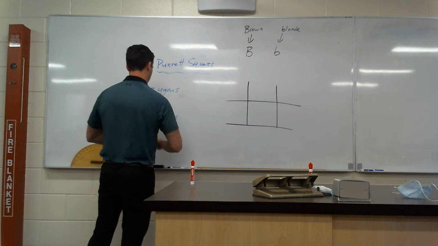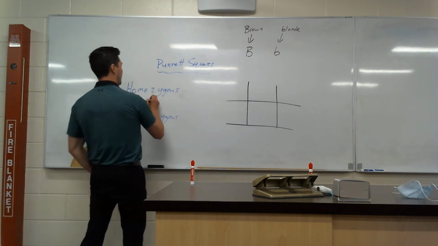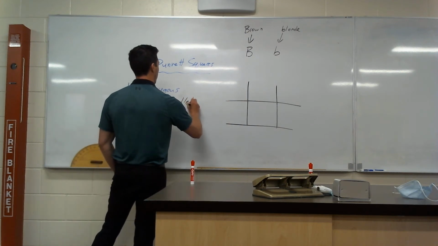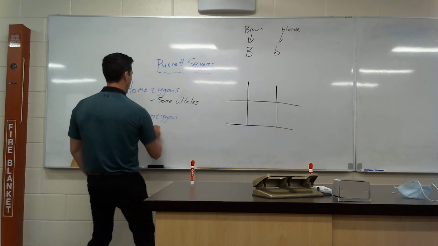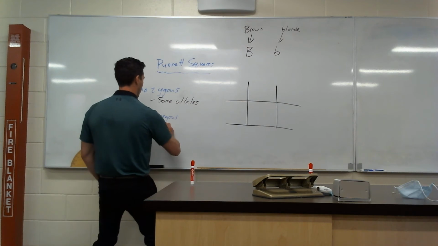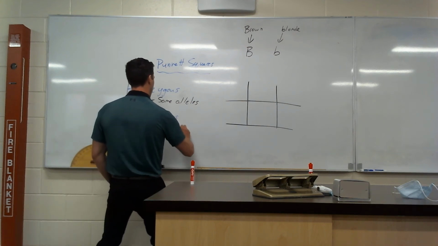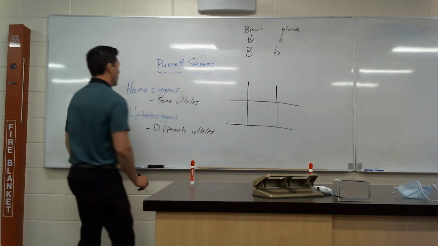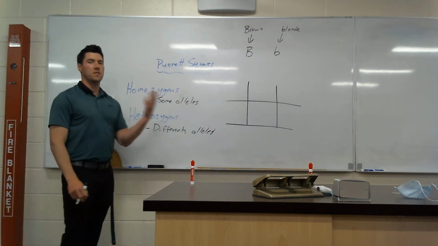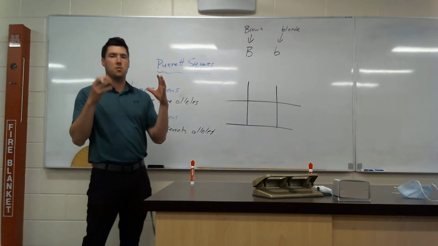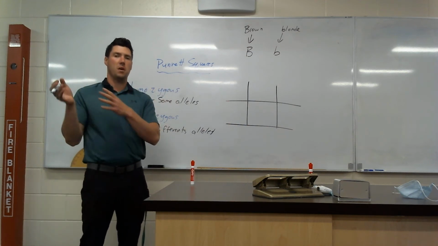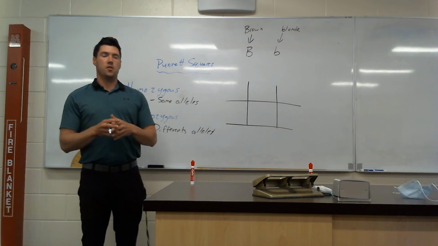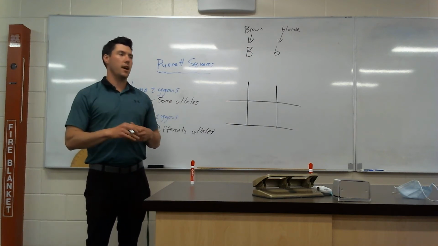Homozygous means same alleles, and heterozygous means different alleles. What do I mean by that? If you think of homosexual, that means you like the same sex, so they're both exactly the same, male, male, or female, female. Heterozygous, or heterosexual, means different. You like a different kind. You have different ones.